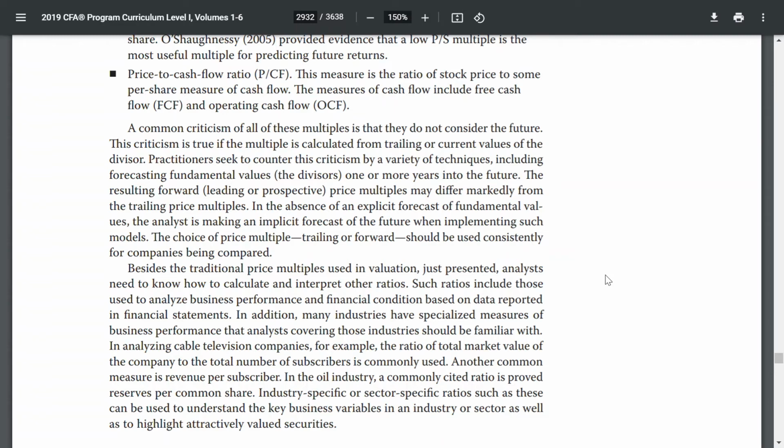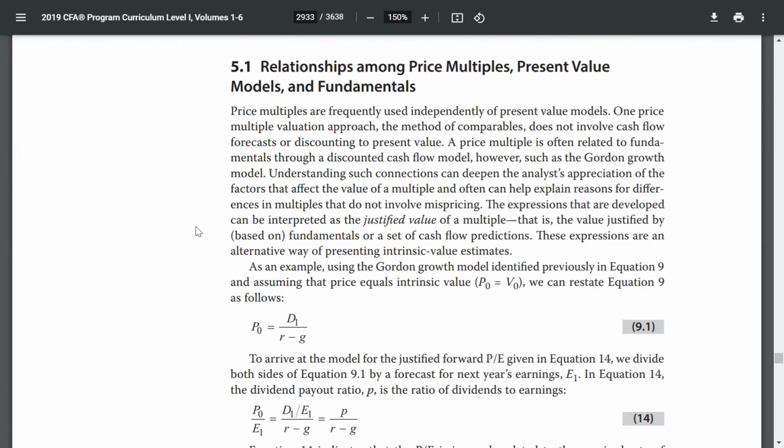So these are just some relationships among price multiples, present value models, and fundamentals. Price multiples are frequently used independently of present value models. One price multiple valuation approach, the method of comparables, does not involve cash flow forecasts or discounting to present value. A price multiple is often related to fundamentals through a discounted cash flow model, such as the Gordon growth model.